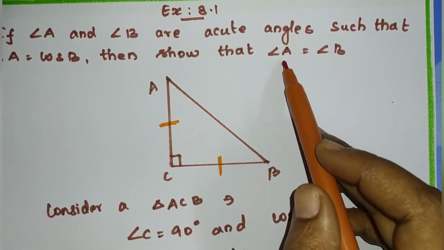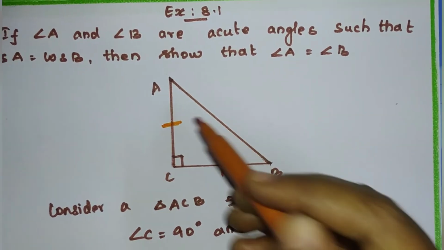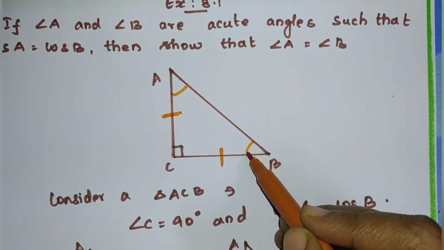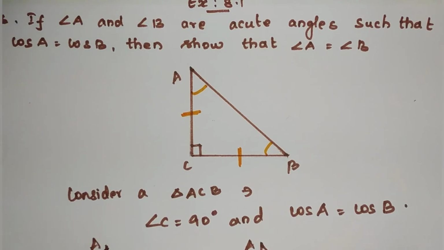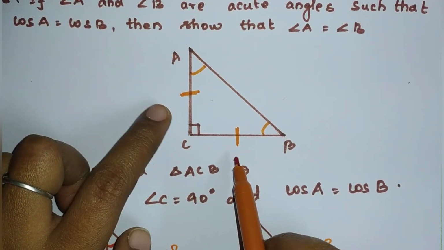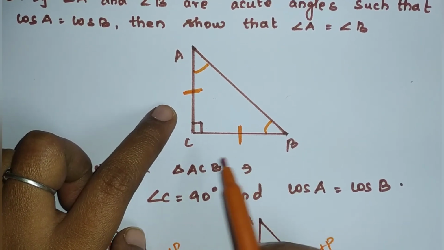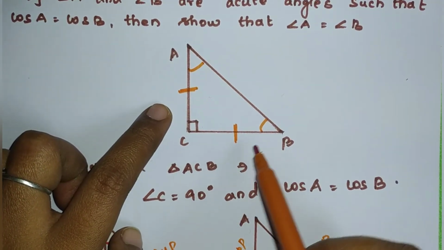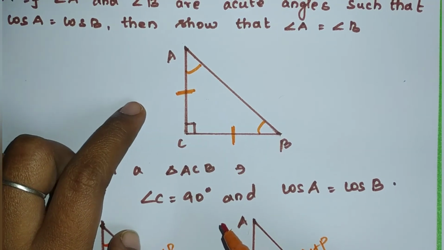But we have to prove that angle A is equal to angle B only. But here we proved that the sides are equal, that AC is equal to BC. Then how can we tell that the angles are equal?